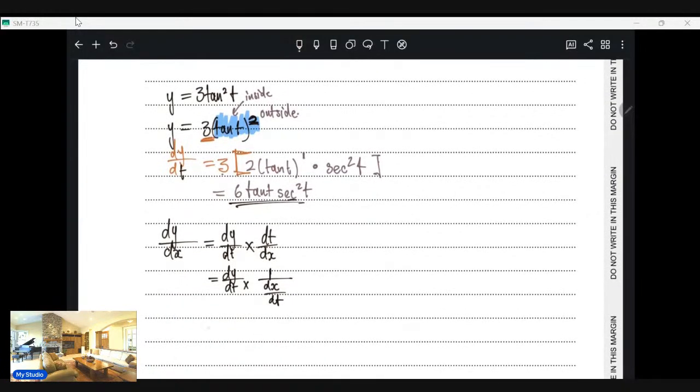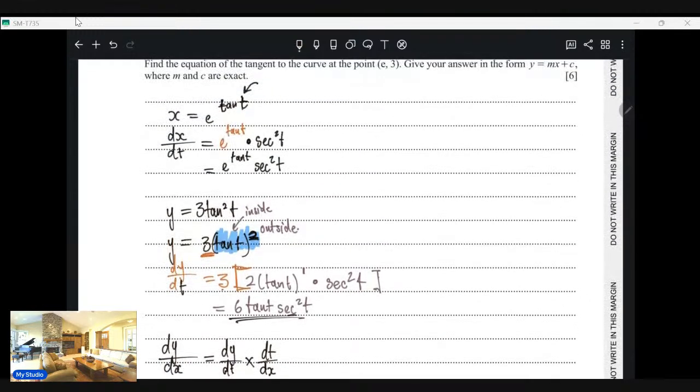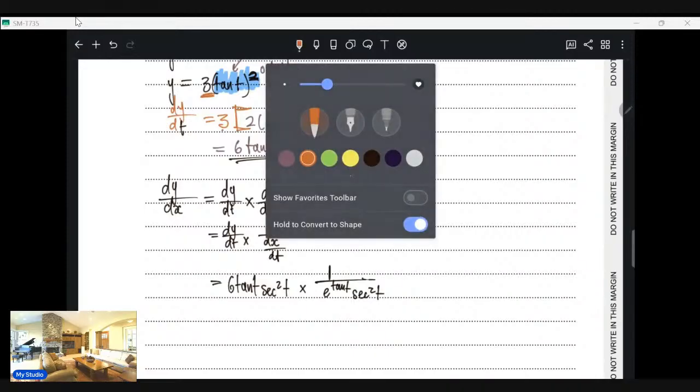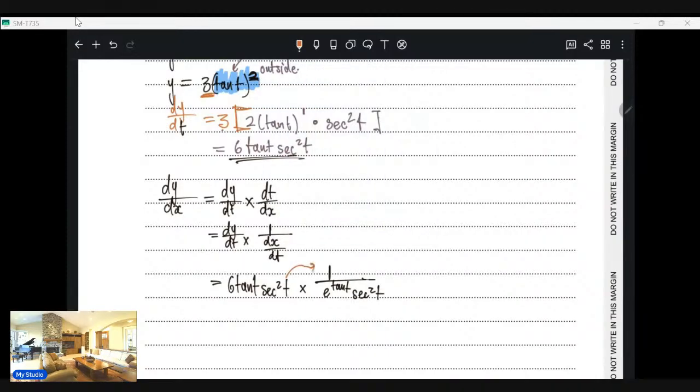So what is dy/dt? It is 6 tan t sec squared t, times 1 over dx/dt. What is our dx/dt? It is e to the tan t sec squared t. So it is 1 over e to the tan t sec squared t. This is what we have. Now when you multiply a fraction by a whole number, the whole number just goes to the top.